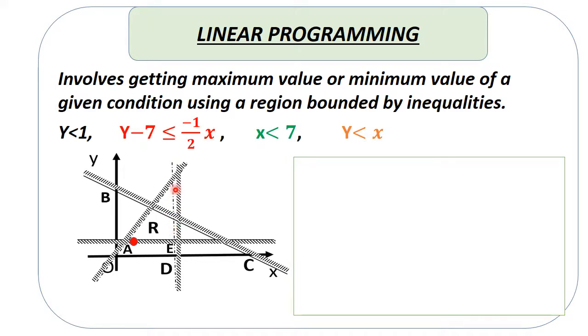So when you're picking points, don't pick a point that is on a dotted line. Pick a point that is on a solid line. Okay? If we pick this point at the corner, it's on the solid and the dotted line. So we want to avoid being on the dotted line, because dotted line shows the part of the inequality that we should not consider when you're analyzing this region R.